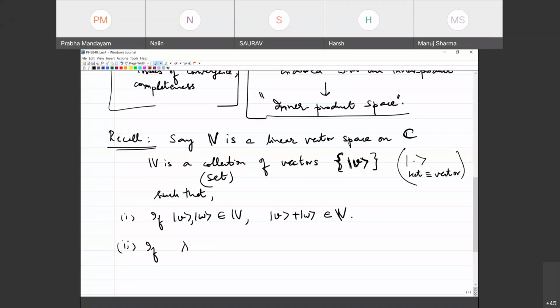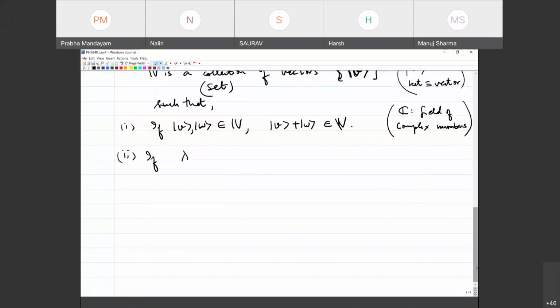So C denotes the field of complex numbers. So if lambda is some complex number, we call these scalars, right? To contrast them with a vector. So lambda is some scalar, right? Then lambda times V also belongs to V, right?